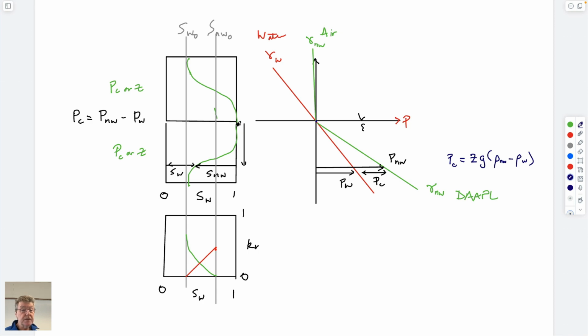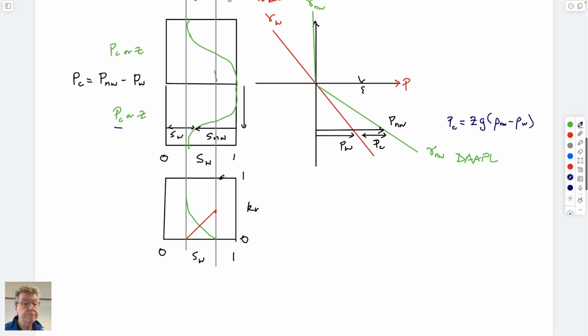So if we know what this curve looks like in terms of Capri pressure, then we can always scale it if we know the densities and the planet we're on in terms of a depth. So that's the utility of maybe everything that we've done so far. So that's the recap so far.